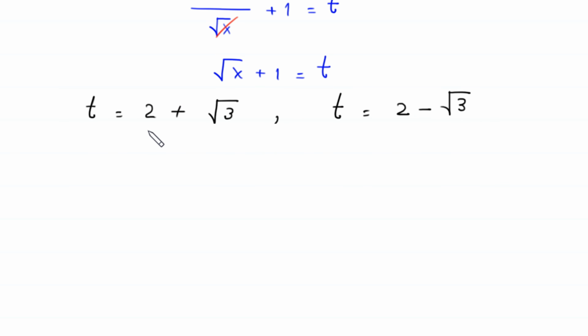When t is equal to 2 plus root 3, then root x plus 1 is equal to 2 plus root 3, and we move this 1 to the right hand side.